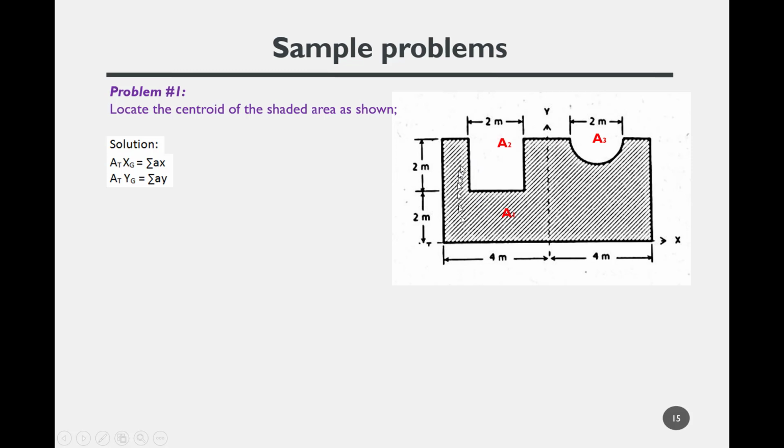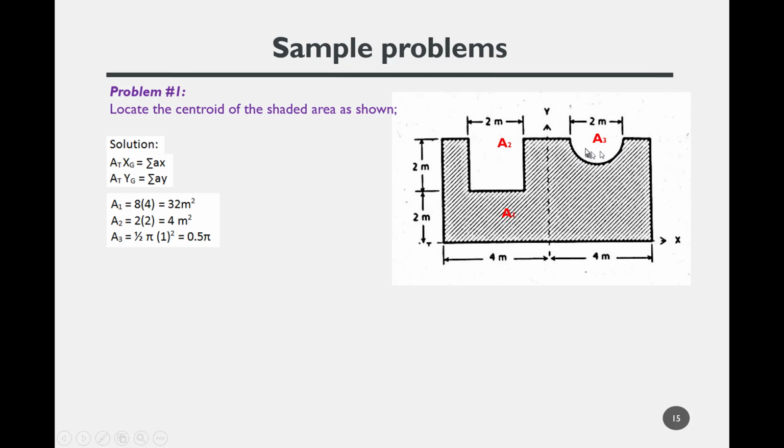Area 1, kasi area 1, ito lahat yun, yung shaded. So for area 2, minus natin yung area 2 tsaka yung area 3, kasi ito yung di naka-shade. Nakikita mo naman, di ba? Pag kinuha natin yung area 1, that is 8 by 4, so 32 square meters. Kasi ito ay 2 times 2.